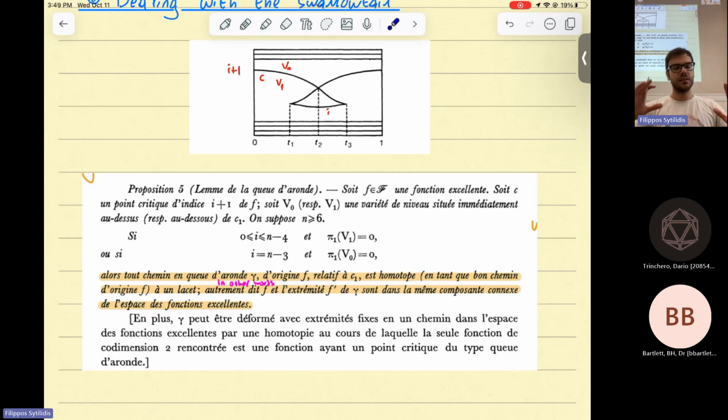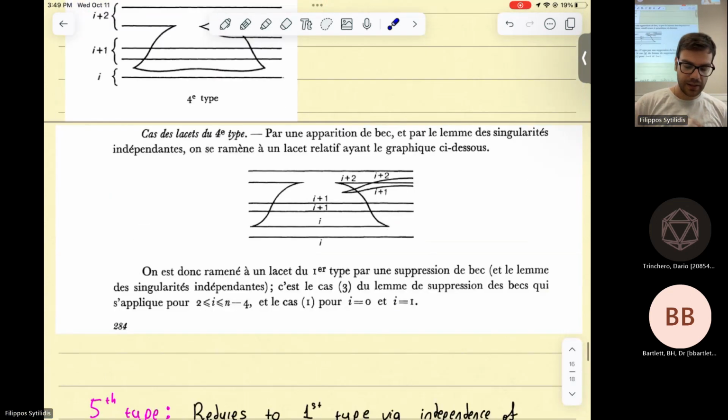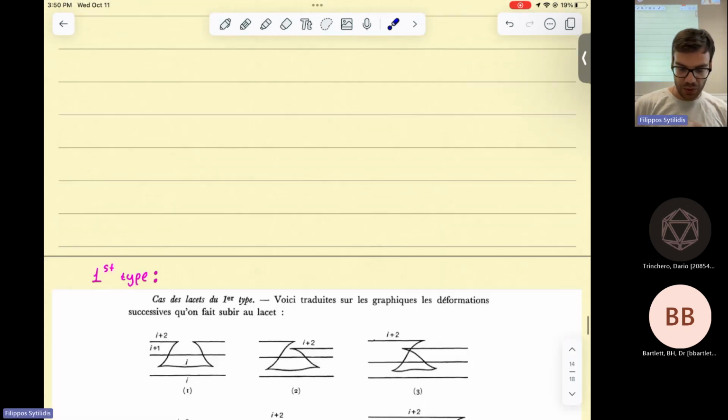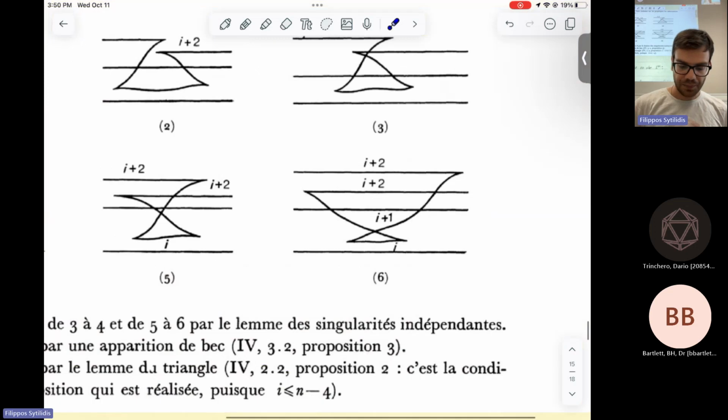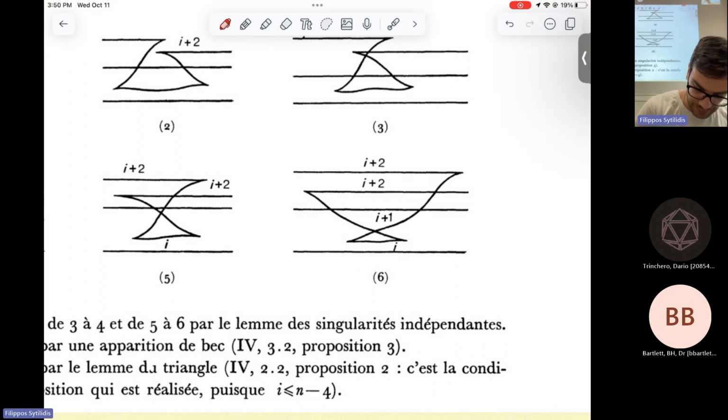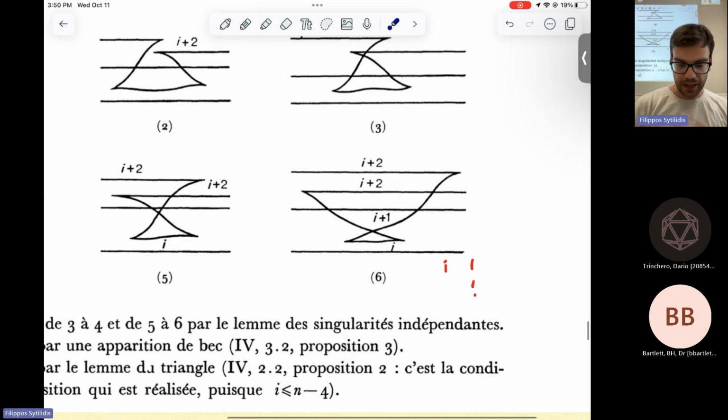That's one of the theorems that Cerf had to prove. Essentially, what we have done is reduce all cases to a case like this one, where there are index I things, but nothing of lower index than index I, and basically we want to cancel those swallowtails.